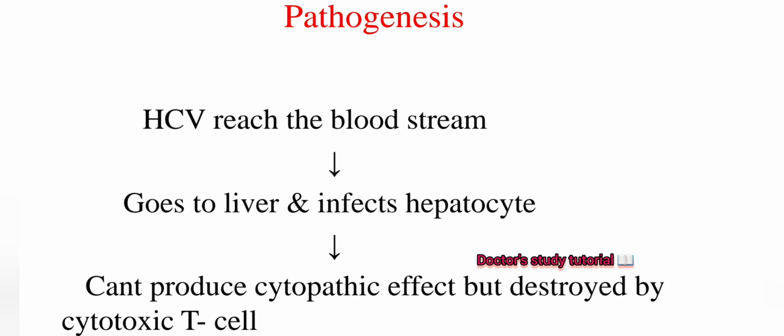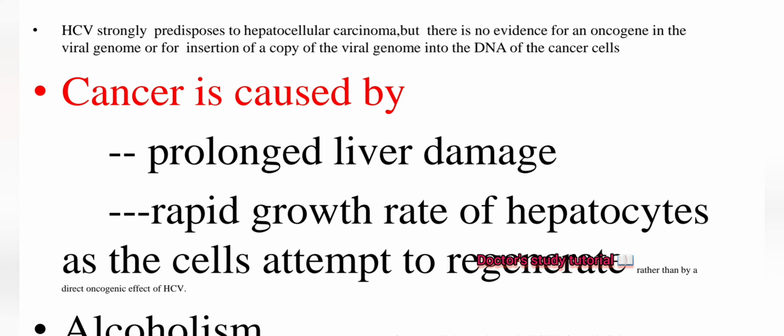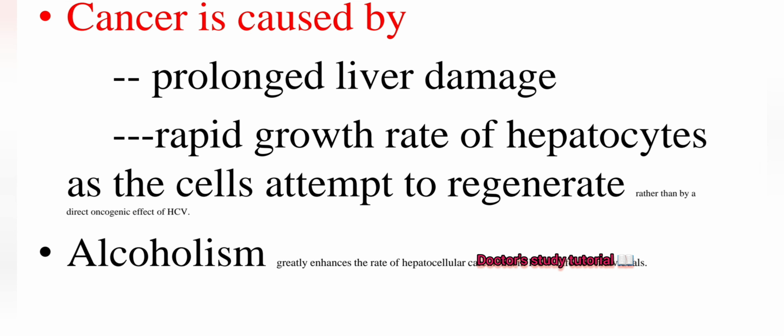Pathogenesis. Hepatitis C reaches the bloodstream, goes to the liver and infects the hepatocytes. It can't produce a cytopathic effect, but the hepatocytes are destroyed by cytotoxic T cells. Hepatitis C is strongly predisposed to hepatocellular carcinoma, but there is no evidence for an oncogene in the viral genome or for insertion of a copy of the viral genome into the DNA of the cancer cell.